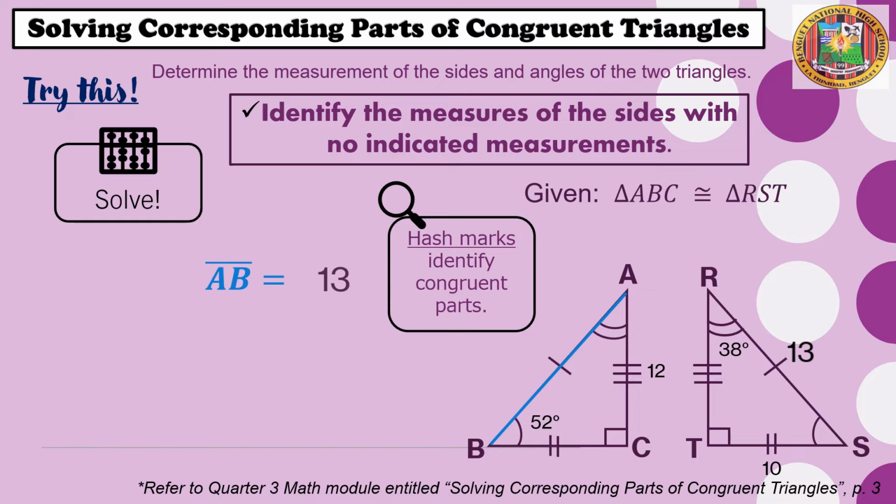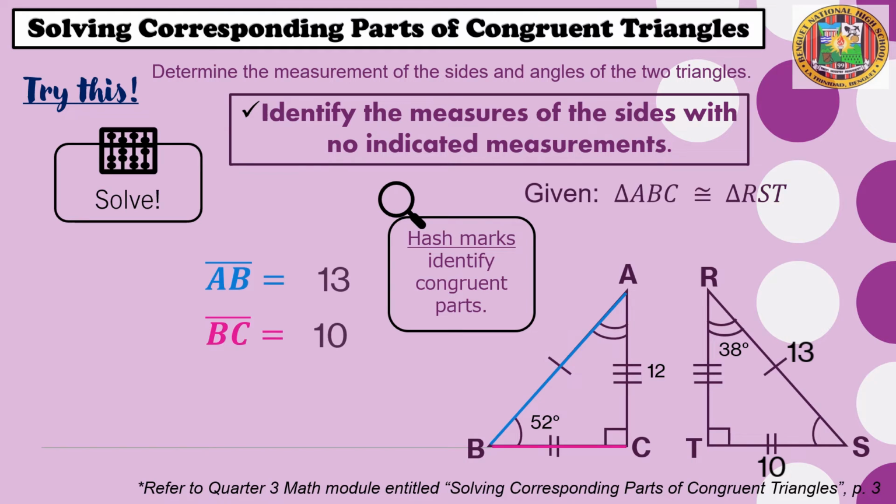Next, we look for the measurement of side BC, which has the same number of hash marks as side ST. Side ST measures 10 units. Since side ST is congruent to side BC, we can say that side BC also measures 10 units.